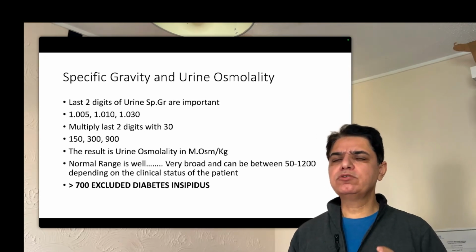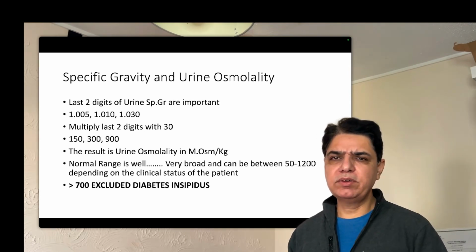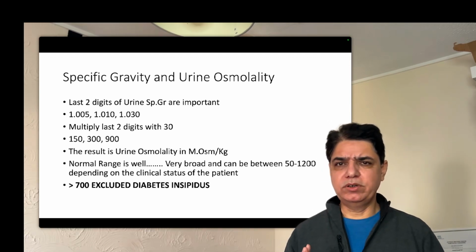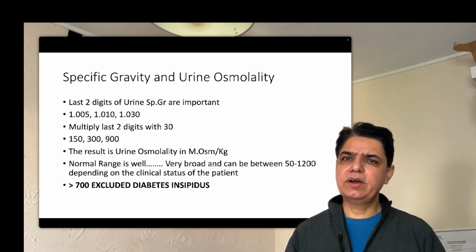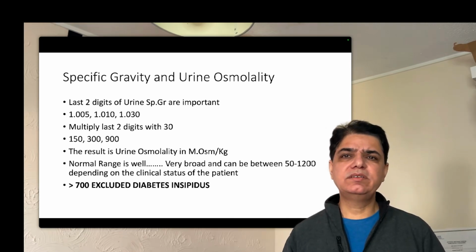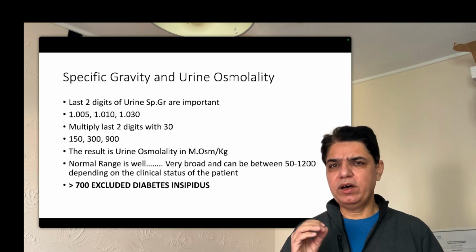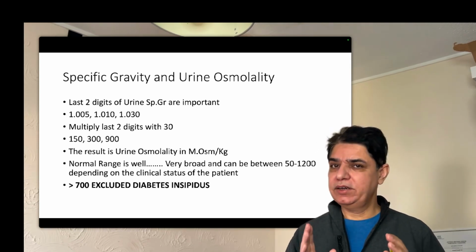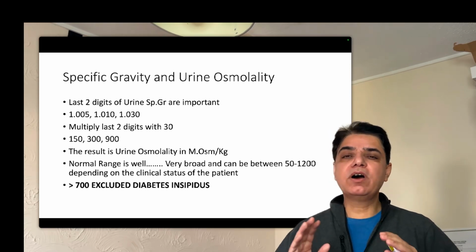Anybody whose urine osmolality is greater than 700 milliosmoles per kilogram, one thing is excluded. If they are passing a lot of urine, at least they don't have diabetes insipidus. So a value greater than 700 helps you exclude diabetes insipidus. It can't be diabetes insipidus.